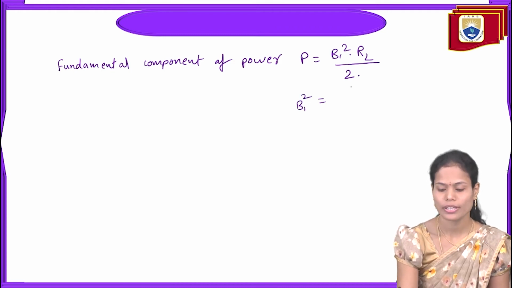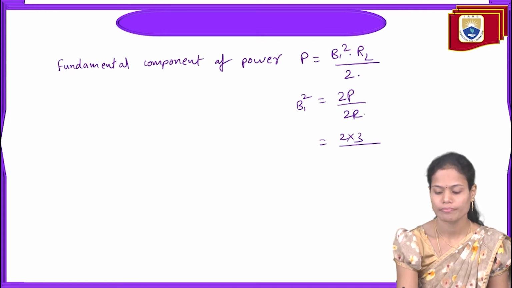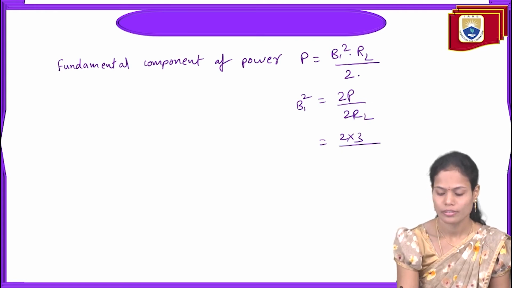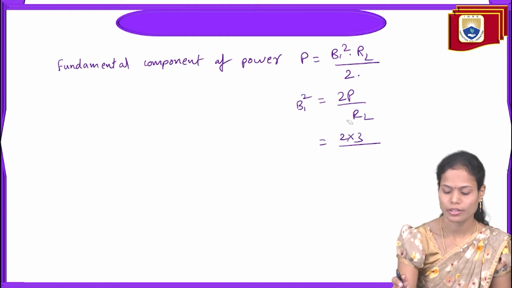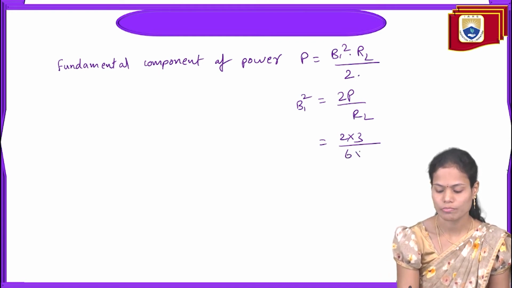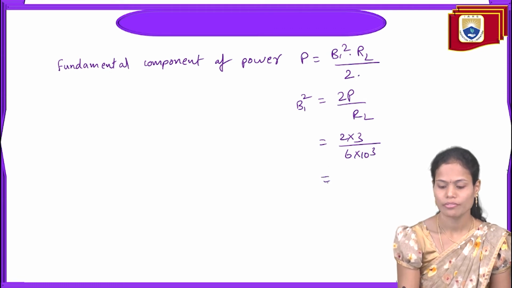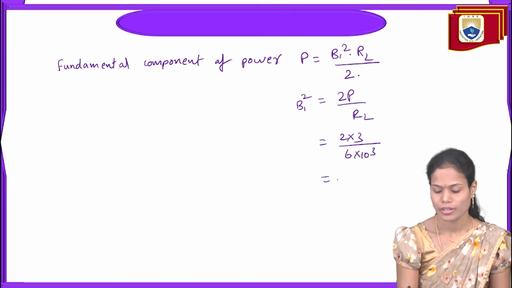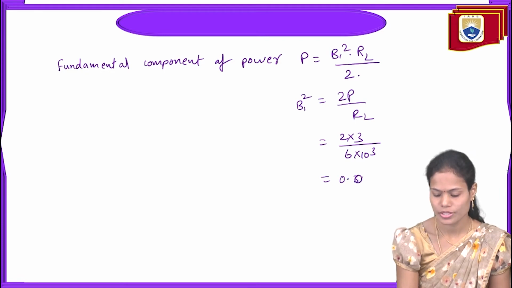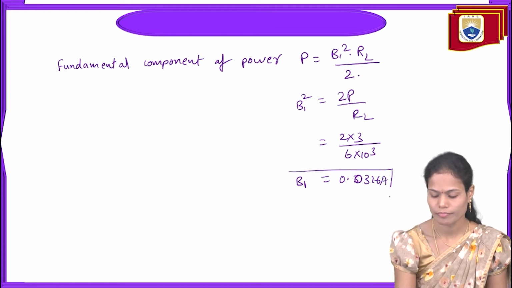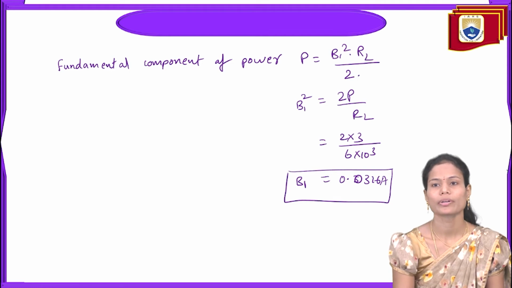So B1 square I can write as 2 into P by R. So 2 into the power value, which is 3 watts, divided by RL, which is 6 kilo ohms. So this value we will get as 0.0316 amperes. From that we can calculate the B1 value as 0.0316 amperes.